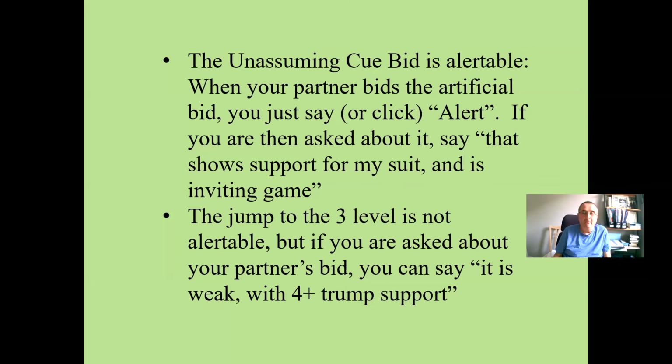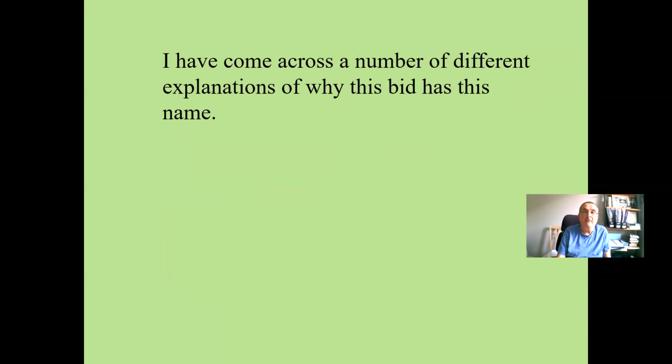All right. The jump to the 3 level is not alertable. But if you're asked about it, you can say it is relatively weak, but it shows 4-card trump support. So that's not alertable, but the bid of the opponent's suit is alertable.